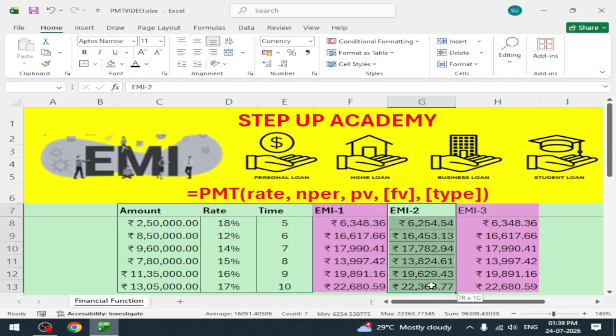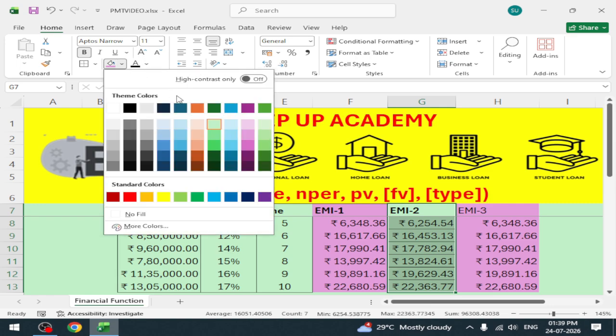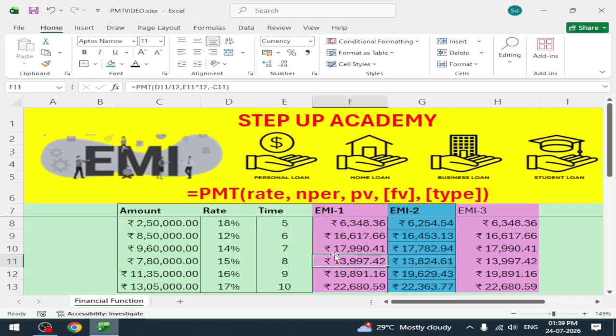And this is the EMI if I agree to pay the amount between the 1st and 10th. So you can see the comparison between your EMIs. But unfortunately, our financiers charge the EMI of this amount.